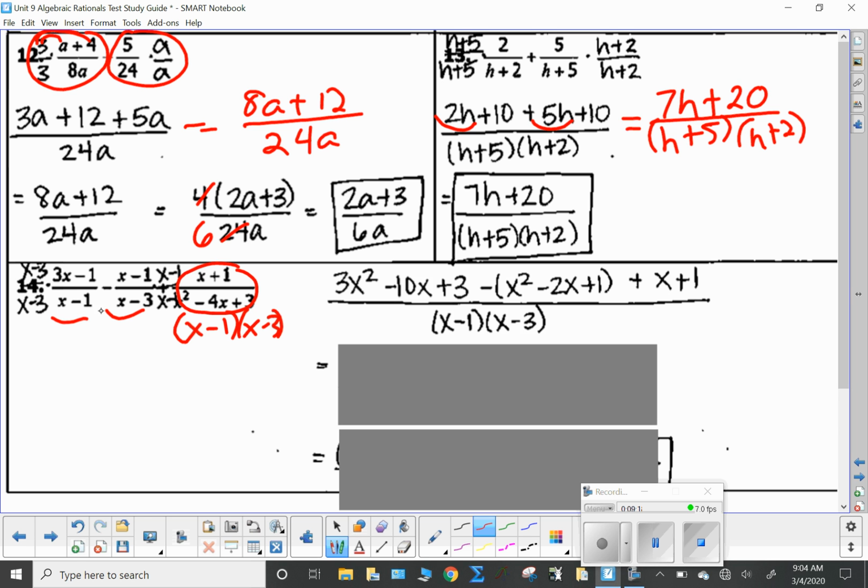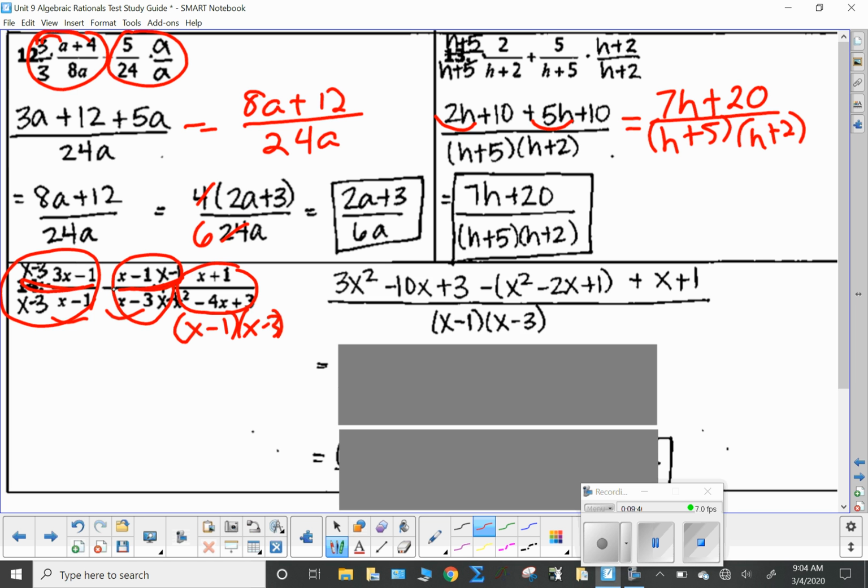This one, this first term, needs to be multiplied by x minus 3 over x minus 3. This needs x minus 1 over x minus 1. Again, the denominator, I don't multiply it out. In the numerator, this guy right here has to be FOILed, and this guy has to be FOILed.